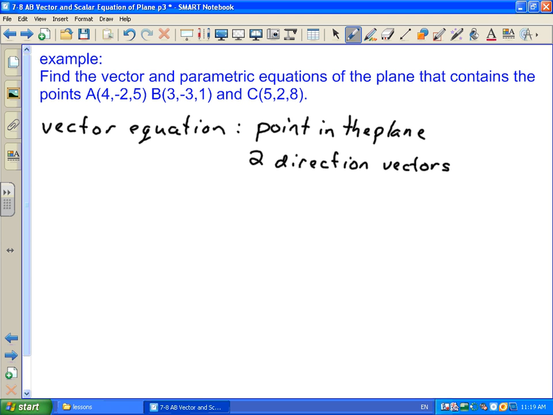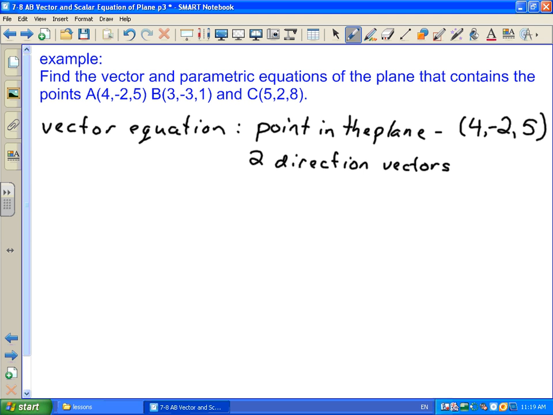So the point in the plane is the easy part here. Where do we get a point that is in this plane? Yeah, we're given 3 of them. So let's just use A here, 4, negative 2, 5. And we could have used B, we could have used C as well.